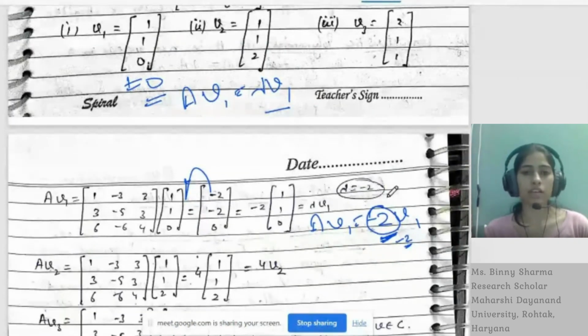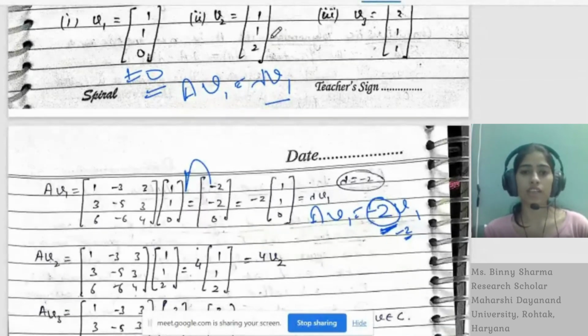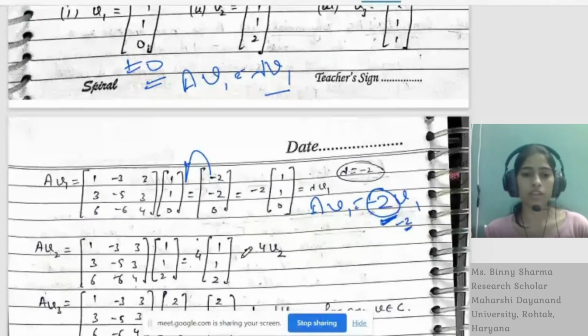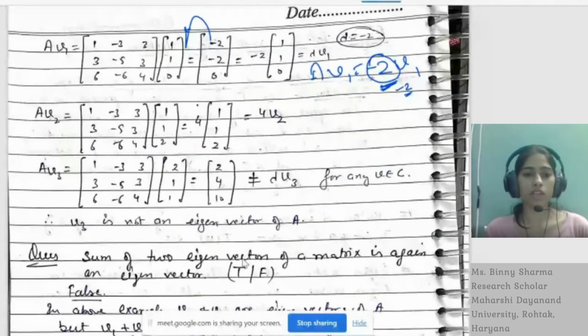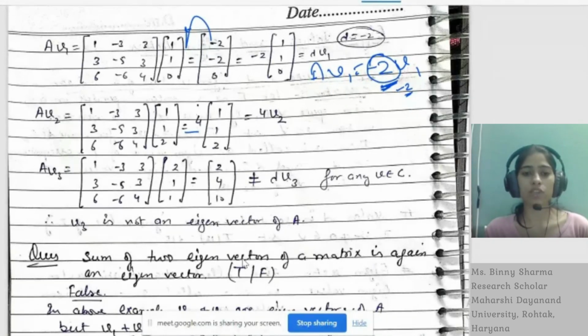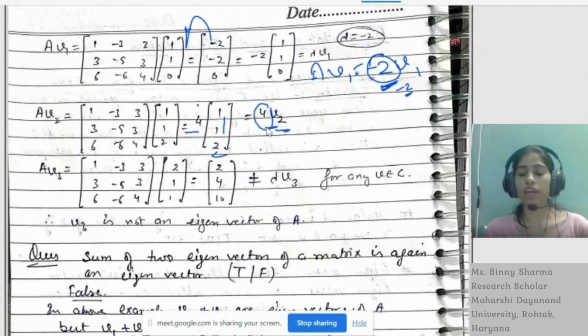Similarly, we can check whether V2 is an eigenvector or not. When we compute A V2, we get 4 times V2, that is 1, 1, 2. So again 4 is an eigenvalue, and V2 is an eigenvector corresponding to the eigenvalue 4.